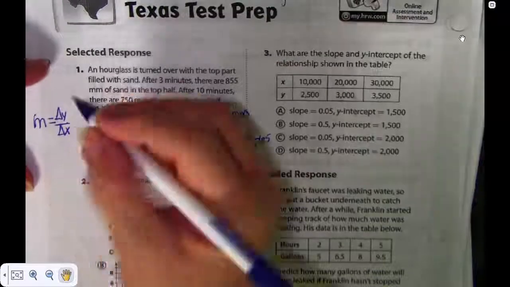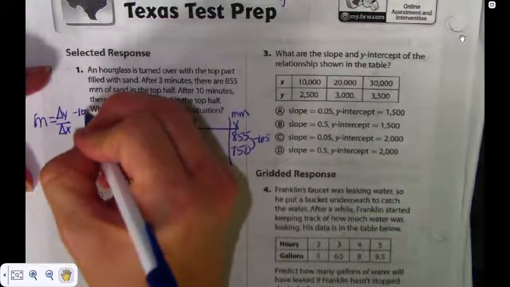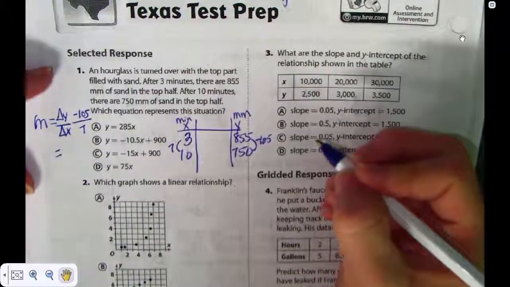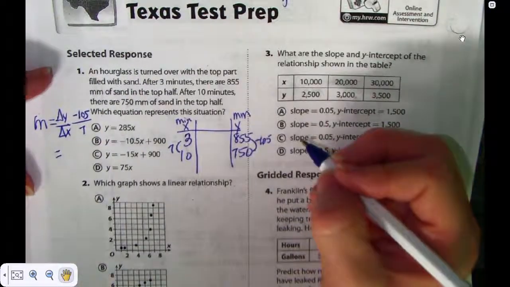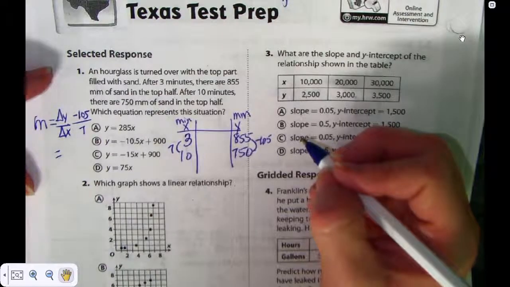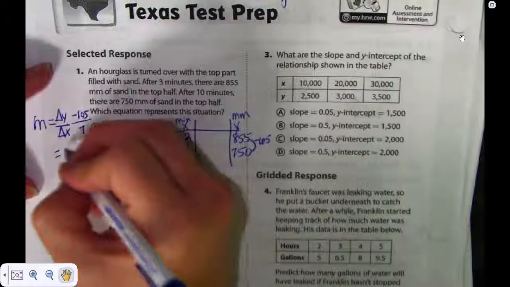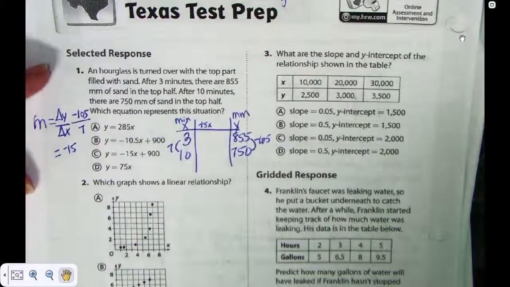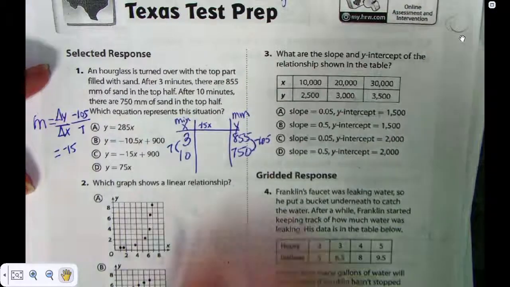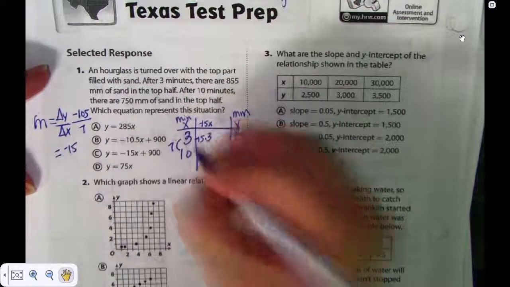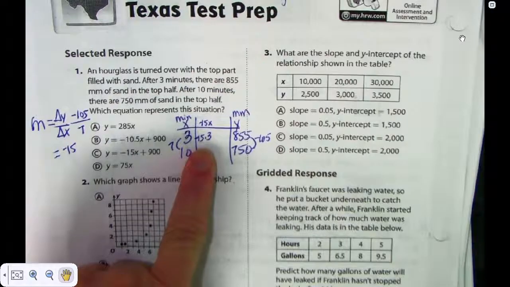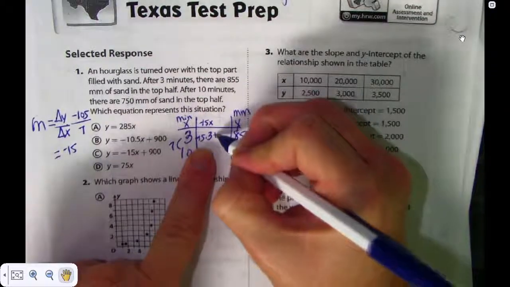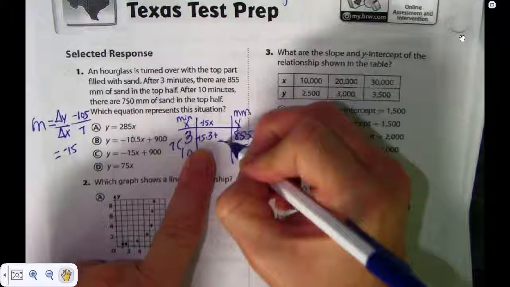So negative 105 over 7 equals negative 15. So negative 15x is what I put over there for my expression. Negative 15 times 3 is what? Negative 45. So I'm going to have to add a whole bunch to get to 855.